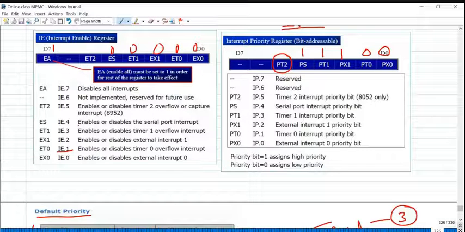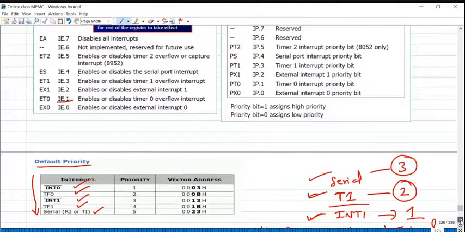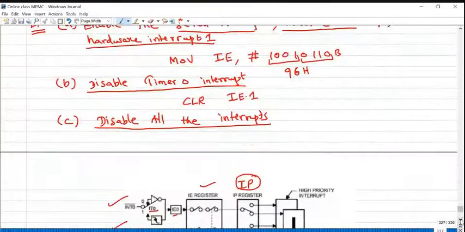One way is to disable each and every bit by writing 0 in the corresponding bit position. Or just write 0 on D7. There are two ways. Please remember that: 0 means all the interrupts are disabled. 1 means all the interrupts are enabled, but individually we can disable.